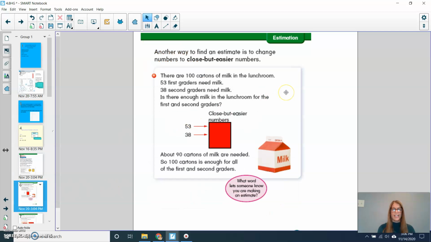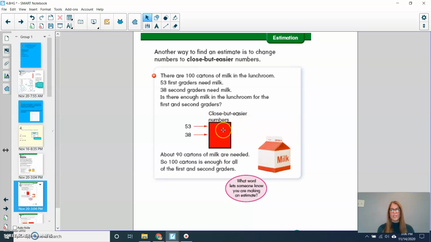Another way to find an estimate is to change numbers to close but easier numbers. And this is what we did at the start of our lesson. So if there are 100 cartons of milk in the lunchroom, 53 first graders need milk, 38 second graders need milk. Is there enough milk in the lunchroom for the first and second graders?